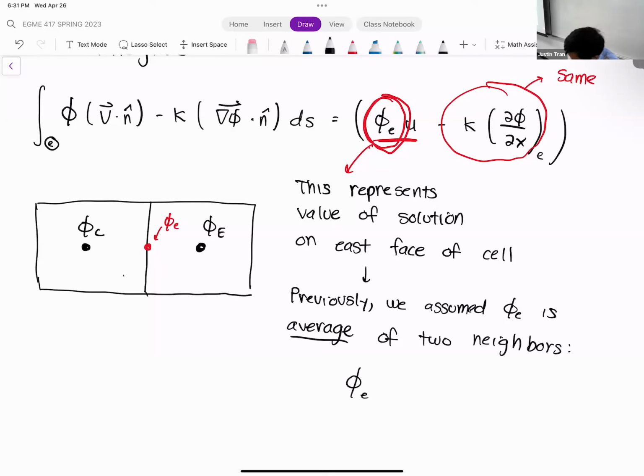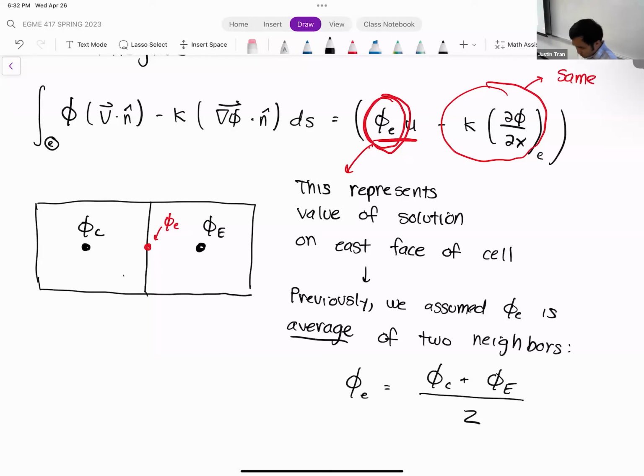What we said was that phi little e is equal to phi sub big C plus phi sub big E, divided by 2. And so we did that, and then for the diffusion term, we did our usual forward difference, and then we combined it with the other integrals, and off and away we went.